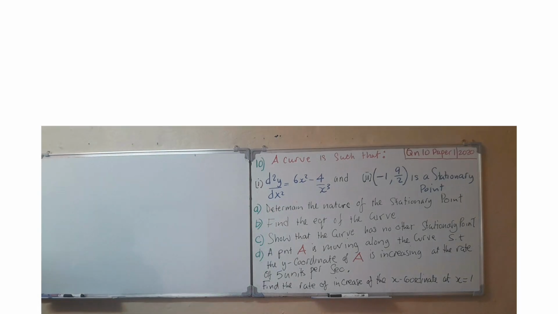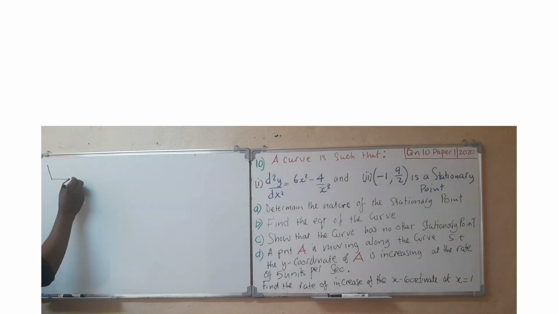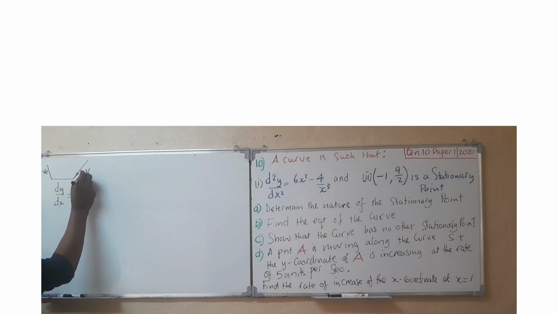How does that work? Well, if you have a minimum point here, we know that at the minimum point dy/dx is equal to 0, and the curve is parallel to the x-axis. But as we approach the point in the positive direction of the x-axis, we have a negative slope before the minimum point. Then at the minimum point, our slope is equal to 0. After the minimum point, our slope is positive.